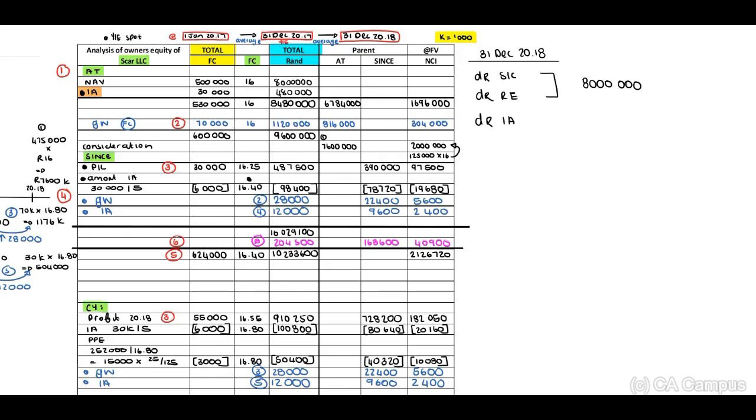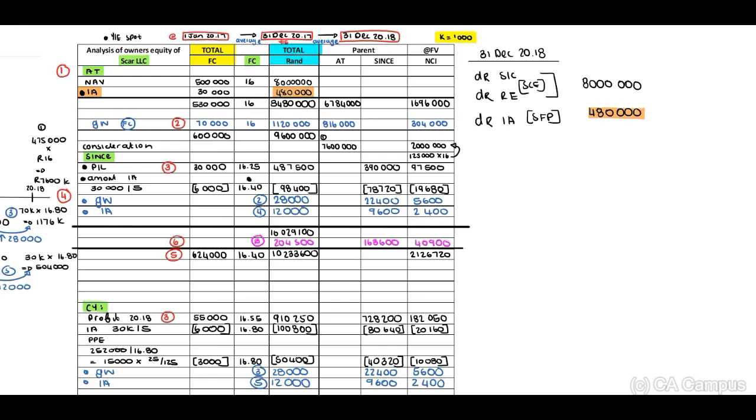Remember, no abbreviations. I do this from a timing point of view, and we need to remember to indicate exactly where. This is statement of changes in equity or statement of financial position, statement of financial position. And when you look at our analysis of owner's equity, our intangible asset is this 480,000.